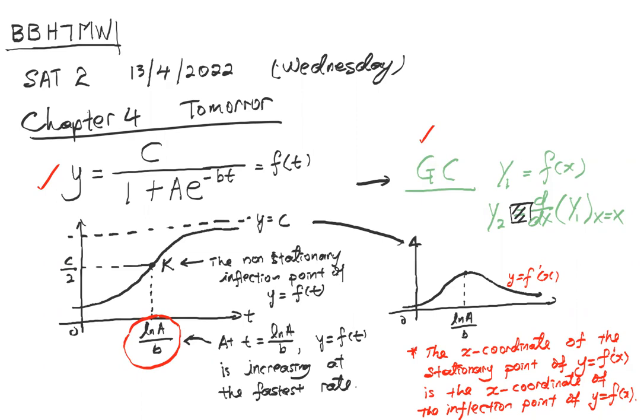If not, then you use your GC, sketch the derivative graph, and find the x coordinate of the stationary point. The coordinates you can get from your GC, am I right? So if any question asks for a function increasing or decreasing at the fastest rate, you can use your GC. You don't have to go for the second derivative. Are you clear? So take note, definitely there will be one question like that.